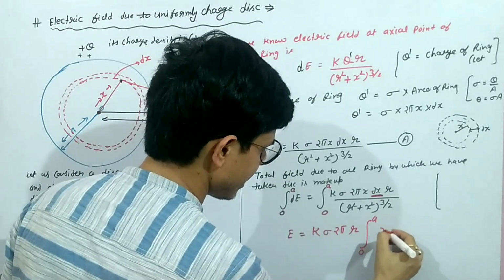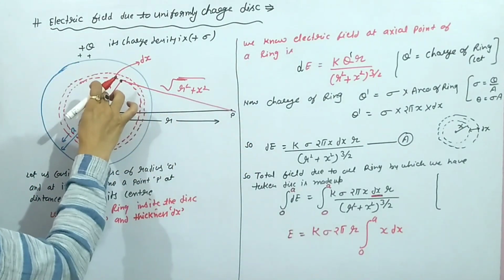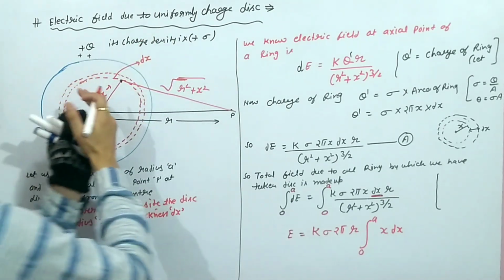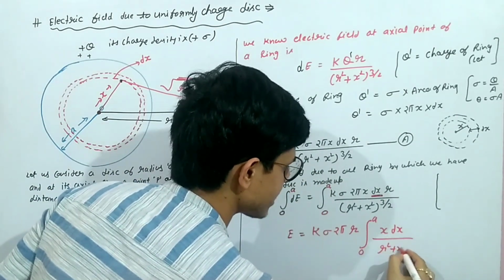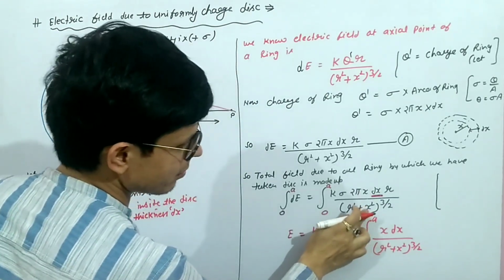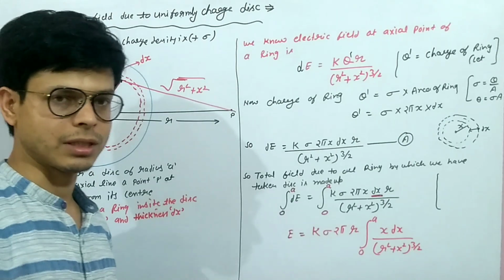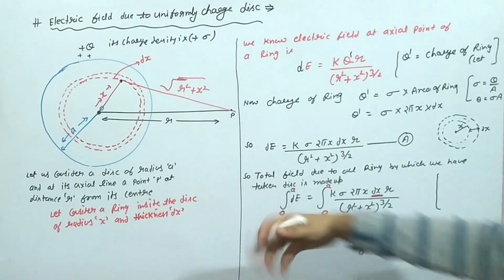From 0 to a, x is variable. x is changing, this distance is constant, x will change, it will increase. Everything else is constant, upon r square plus x square power 3/2. This term we have to keep inside because with this term there is x. So x is variable, so we keep this as usual. Right? This is the electric field due to all the rings.